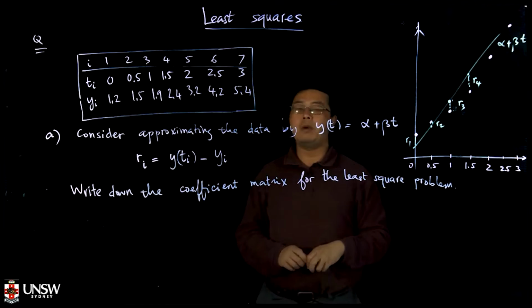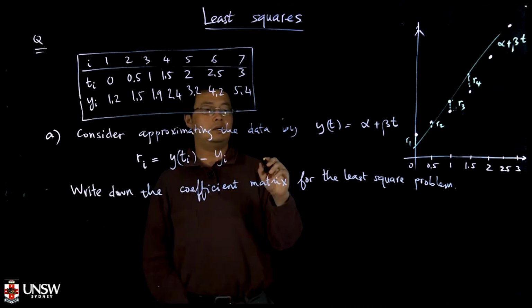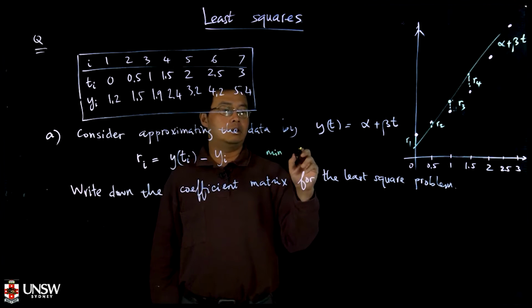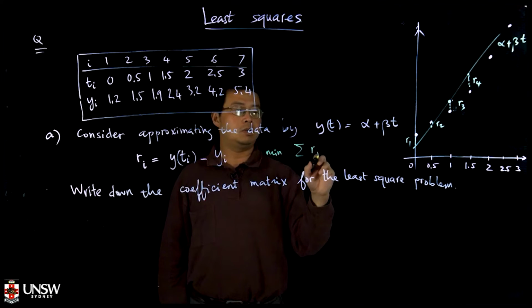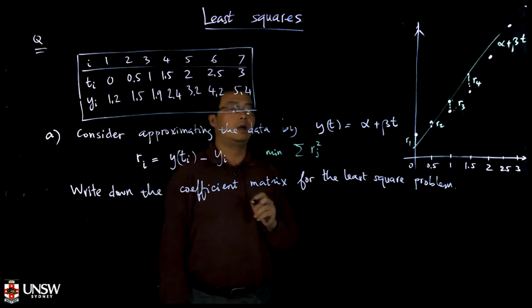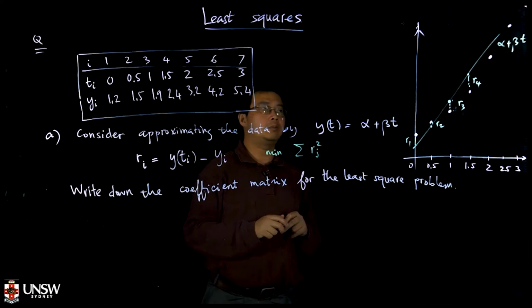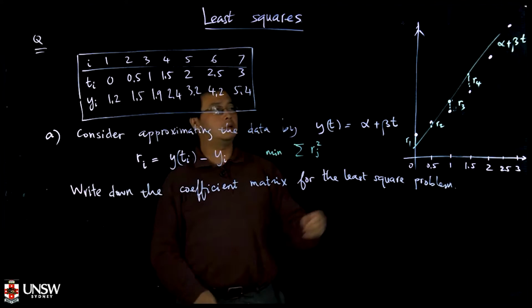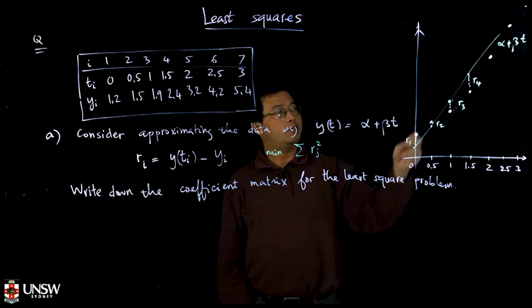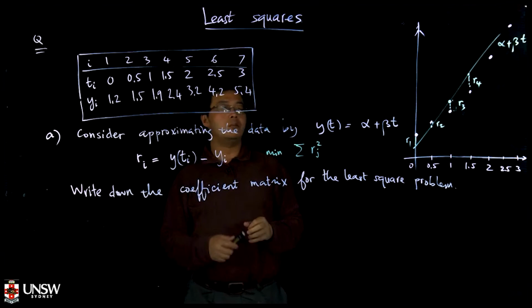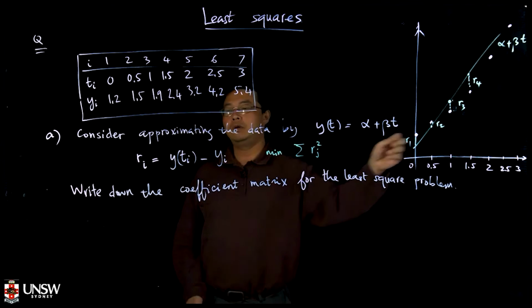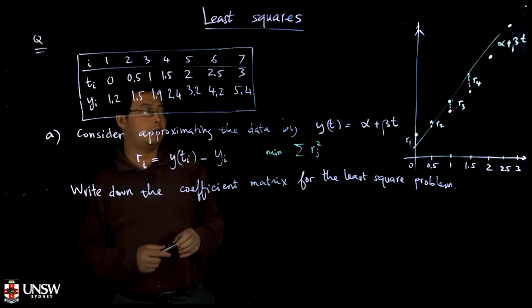And you try to minimize the square of the residual. When you minimize this, it becomes a least squares problem. So the line will fit the data in the sense that it minimizes the least squares residual, and the residual is defined like this.